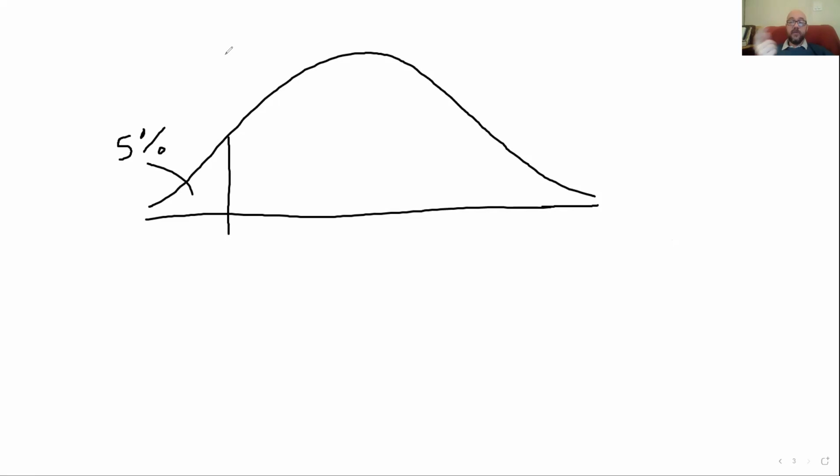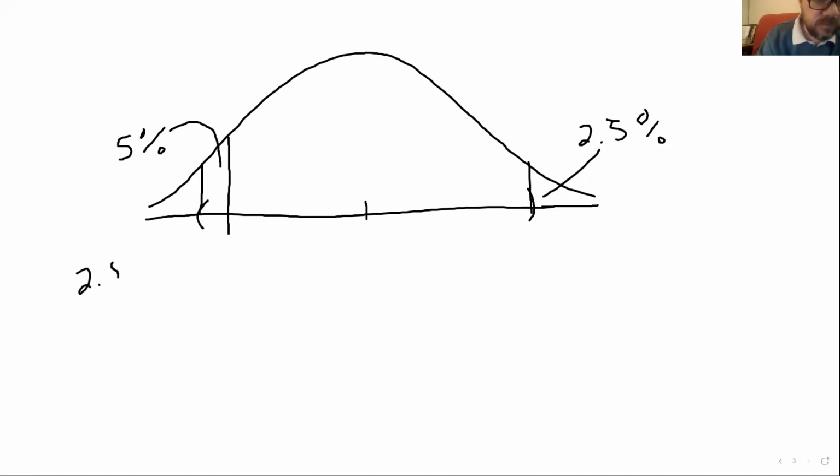When we did a confidence interval, we did a 95% confidence interval, but it's two-sided. So what that means is that our range of values is such that outside of the confidence interval, there's 2.5% on either side.